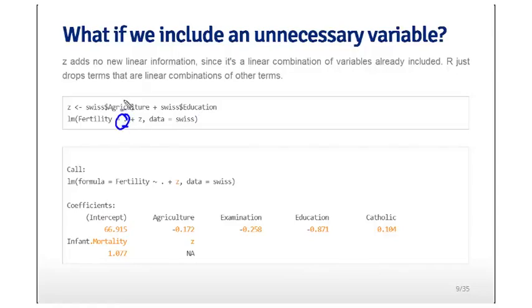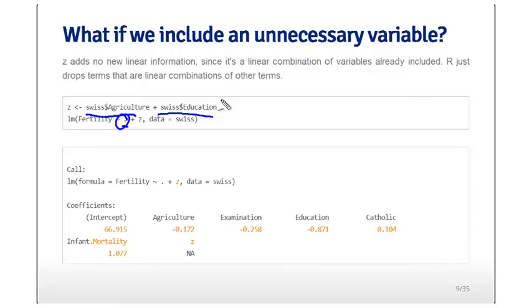Consider the model where we put in everything. But imagine if I created a new variable, Z, that is just the sum of agriculture and education. And clearly Z can't add any new information in this model. If we know the agriculture status of the province and we know the educational status of the province, then we know Z.